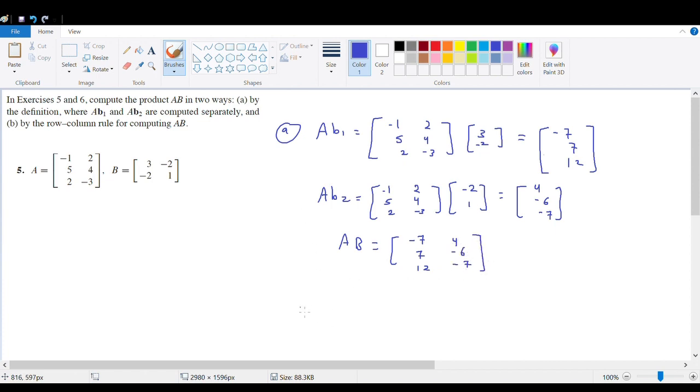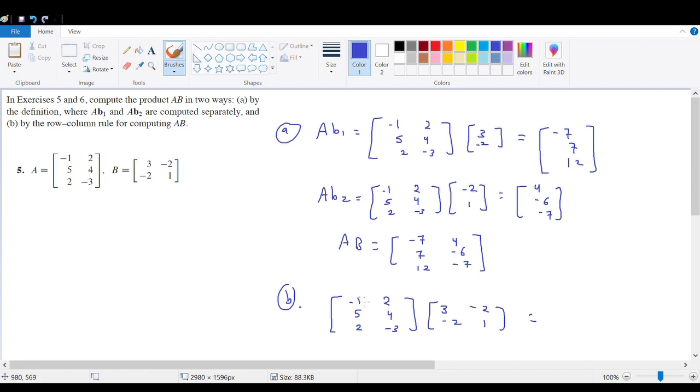If we do this one by the row column rule for computing AB, that means we take the whole matrix minus 1, 5, 2 multiplied by 2, 4, minus 3, multiplied by the matrix 3, minus 2, minus 2, 1.